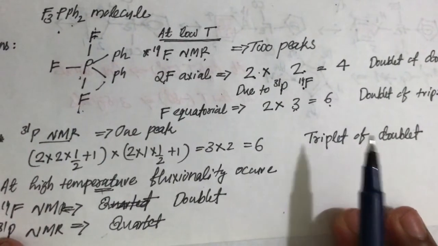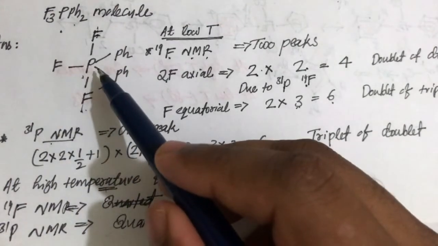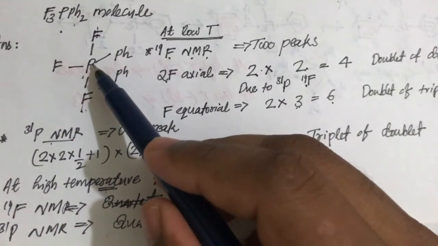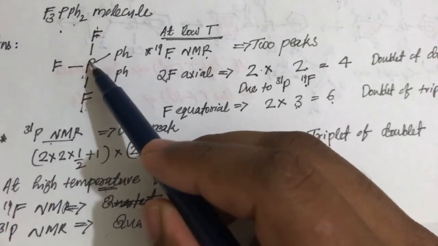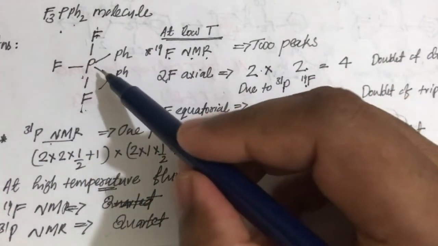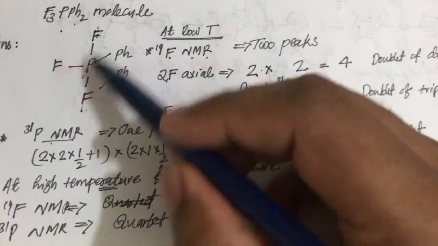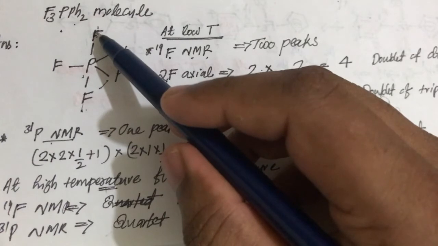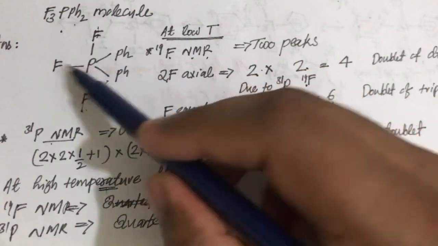Now we move on to phosphorus NMR for the same molecule. For that, we want to analyze how many chemical environments there are. We know that one phosphorus chemical environment gives you only one peak. Now the splitting pattern: at a lower temperature it is rigid, so you can have two chemically distinct fluorines, that is axial and equatorial.